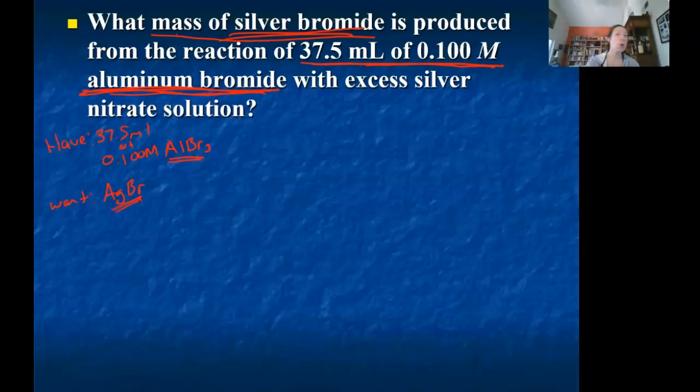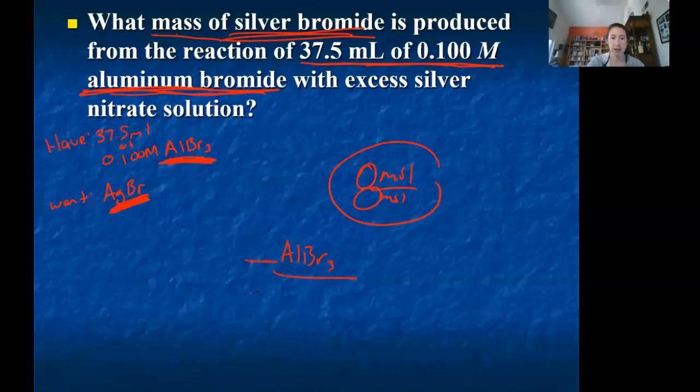That means somewhere in the problem, we have to do a mole-mole ratio, right? The moles over moles, using the coefficients from a balanced chemical equation. So because we have aluminum bromide, but we want silver bromide, we need to find the relationship between AlBr3 and AgBr.